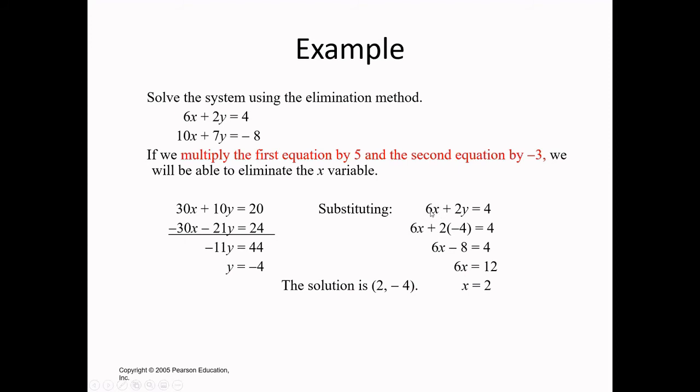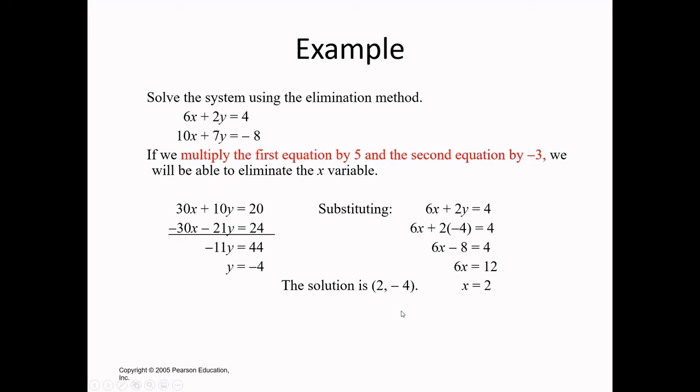So anyway, here's the equation, and we put in the value of y here. So we've got 6x plus 2 times -4 equals 4. 6x minus 8 equals 4. Divide both sides by 6, and we get x equals 2. So that means our solution then is the point (2, -4).